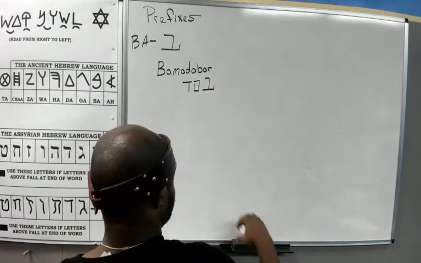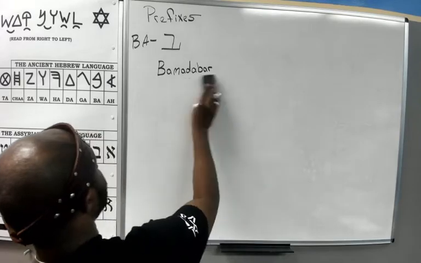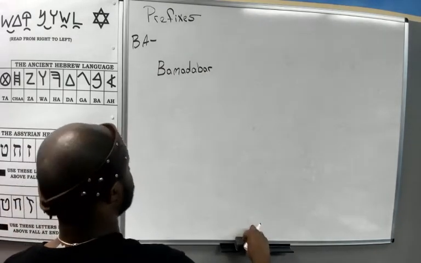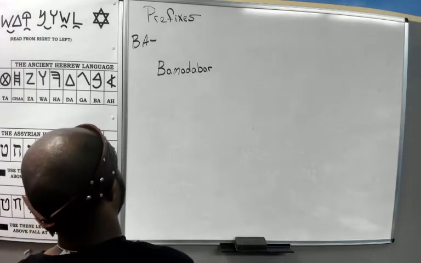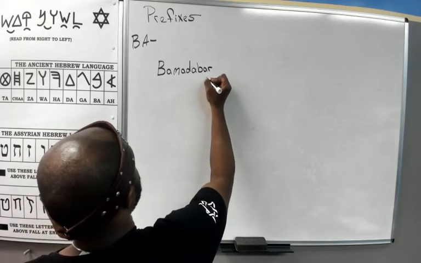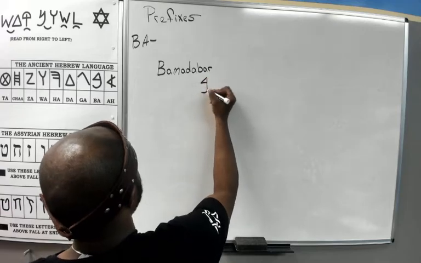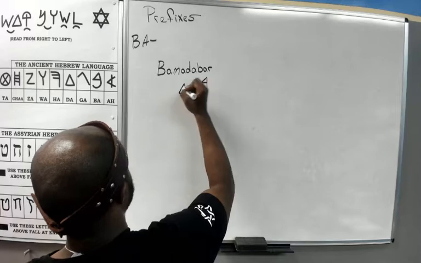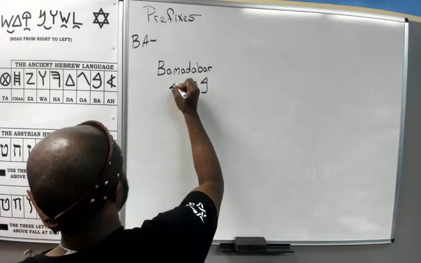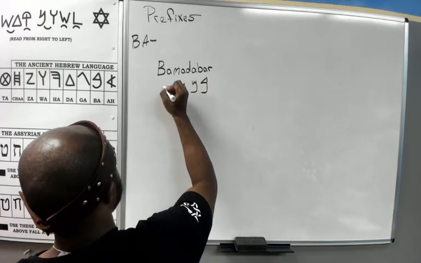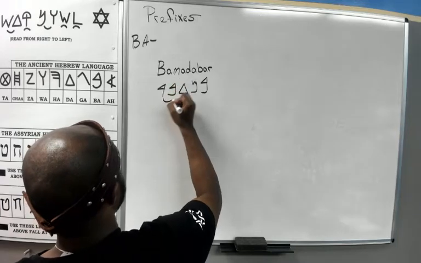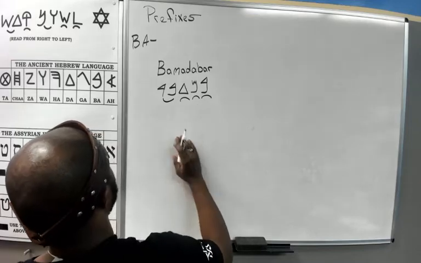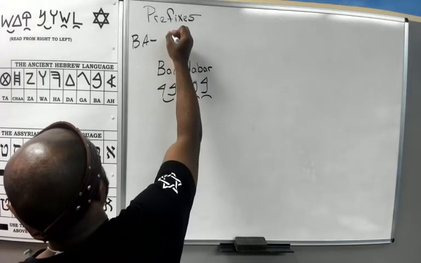And actually, let me write this out in the ancient so you can see which letters are connected, so you can see the proper pronunciation for it. All right, so it'll be pronounced metabar. Now, of course, ba is going to be our prefix.